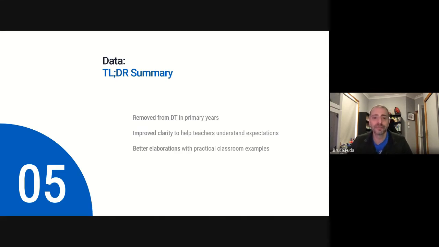So, big one for data is remember that it's no longer in digital technologies in primary. So you're going to have to look at mathematics to understand how those expectations will fit in with the other parts of the curriculum.